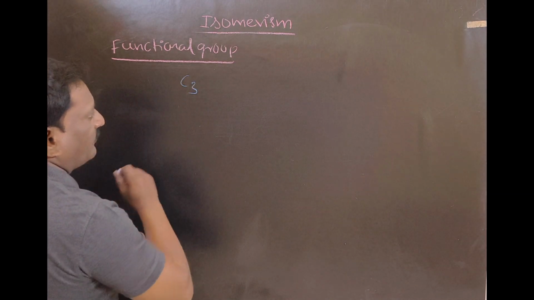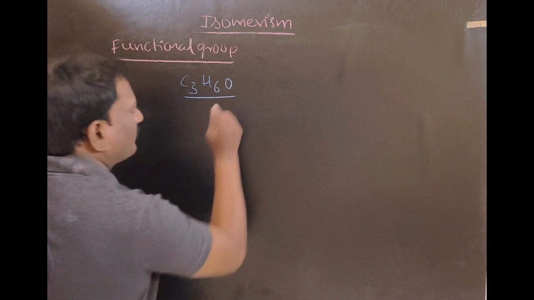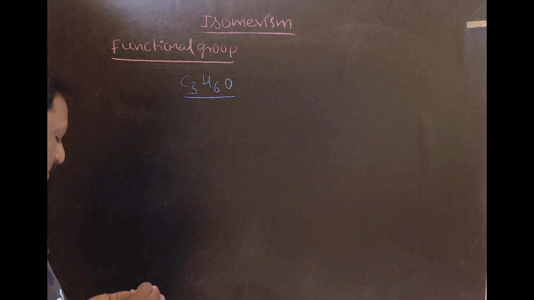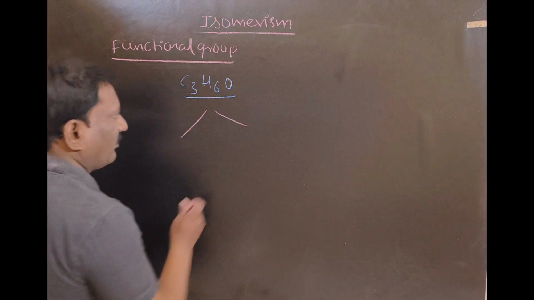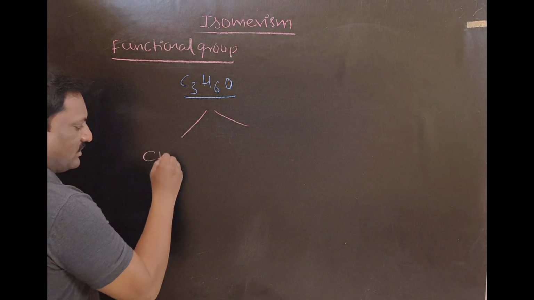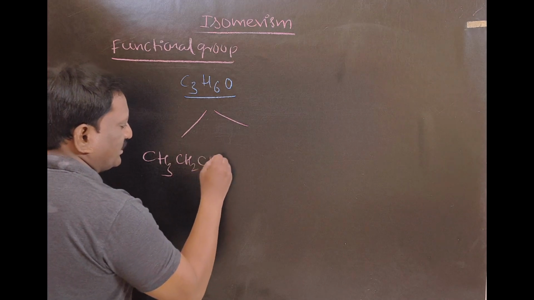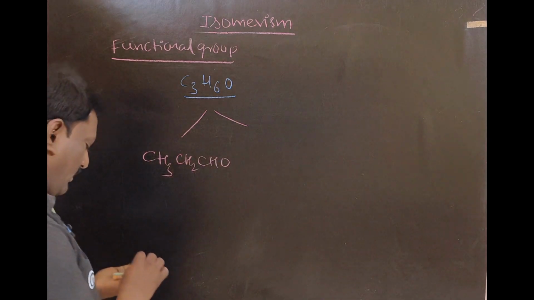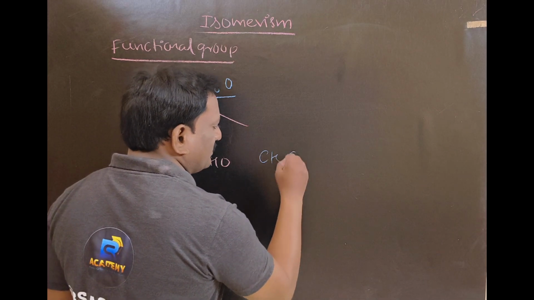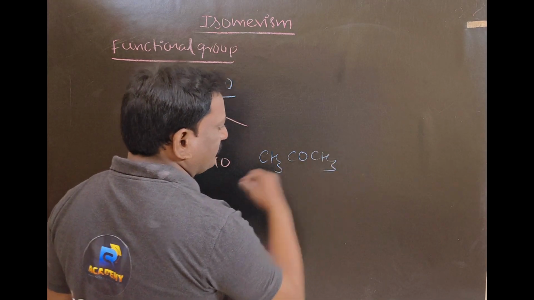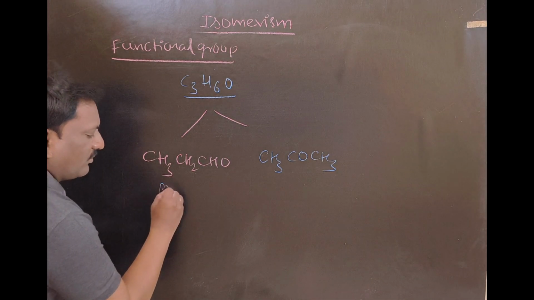I have one chemical formula, that is C3H6O. With the help of this chemical formula, I can draw structures like this: CH3, CH2, CHO, and CH3, CO, CH3.